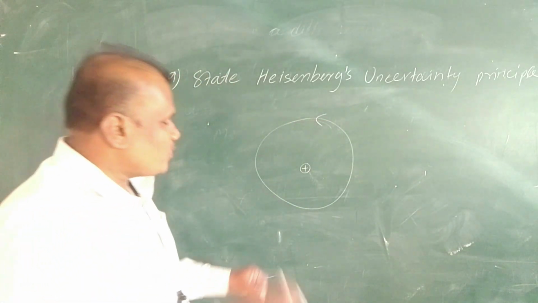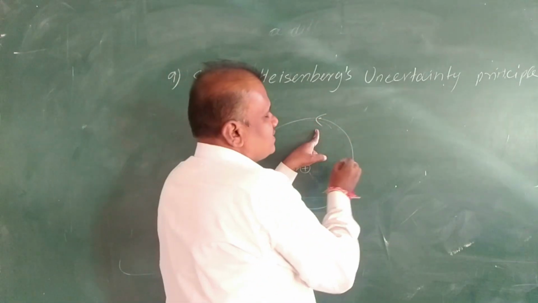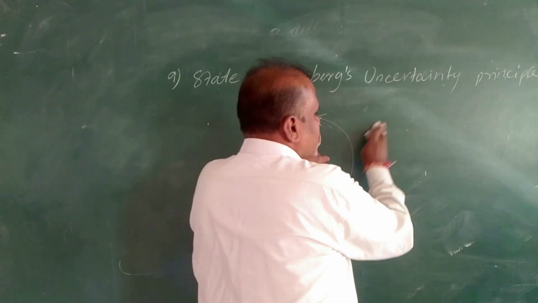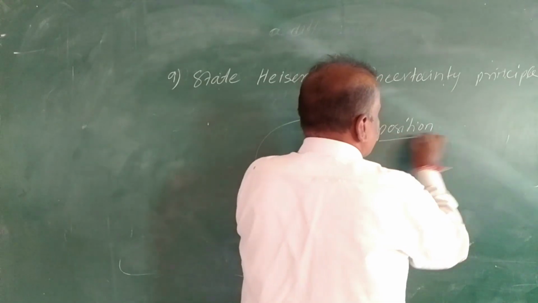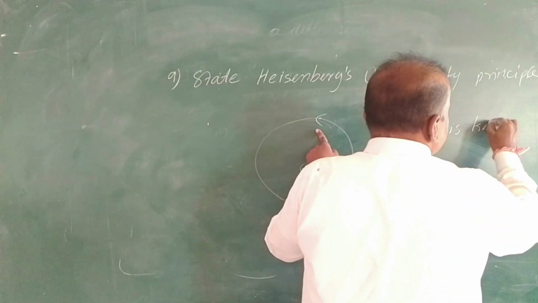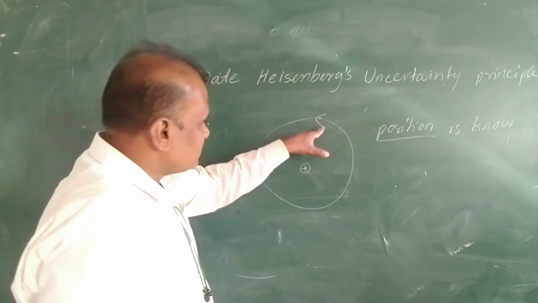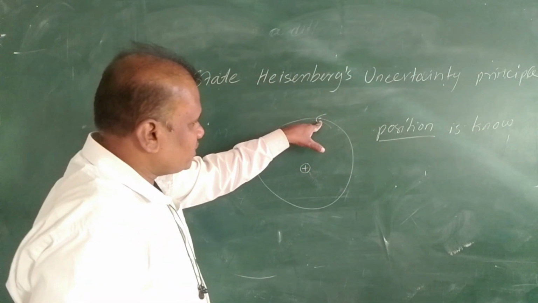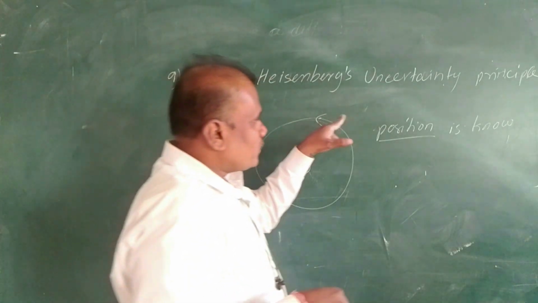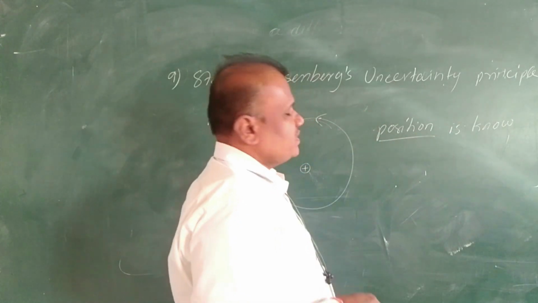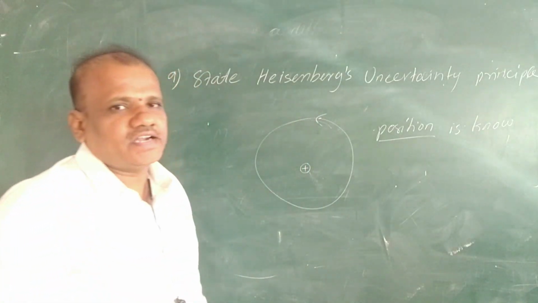Suppose I say the location of the electron is here, that means you are defining the position. So position is known.